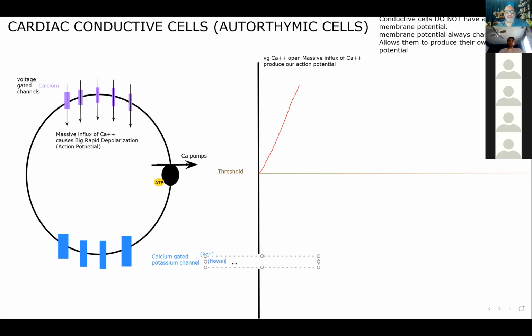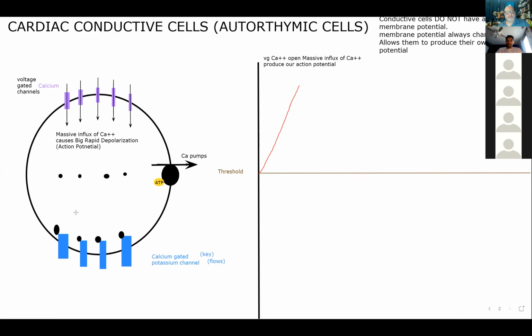So notice when I get this big influx of calcium into the cell, all this calcium is now inside of the cell. This calcium can bind to these calcium gated potassium channels. And when our calcium binds with the calcium gated potassium channels, what happens?